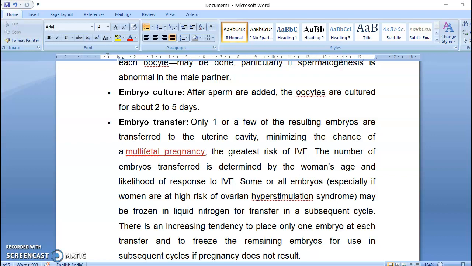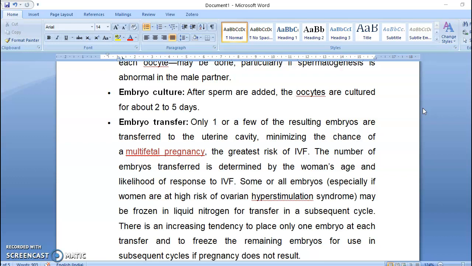So there are so many examples like that, and some or all embryos, especially if women are at high risk of ovarian hyperstimulation syndrome, may be frozen in liquid nitrogen for transfer in a subsequent cycle. Because it is kept in nitrogen, if one cycle fails, that same frozen embryo is used in the next cycle.